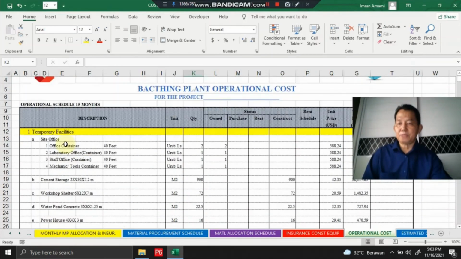Starting from temporary facility. So the construction of the temporary facility we should calculate here.